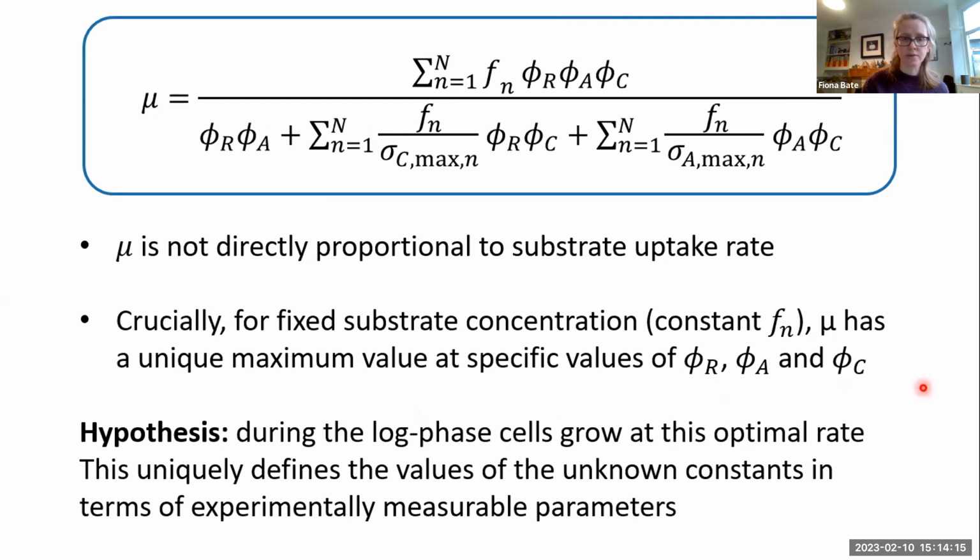And by doing this, we can find the values of these constants, which we don't know, in terms of experimentally measured parameters like the biomass yield and the uptake rate, which can be directly measured from experiments. Okay, so now we've got an expression for the growth rate and the substrate uptake rate, but we need to know how the mass fractions of the proteins change.